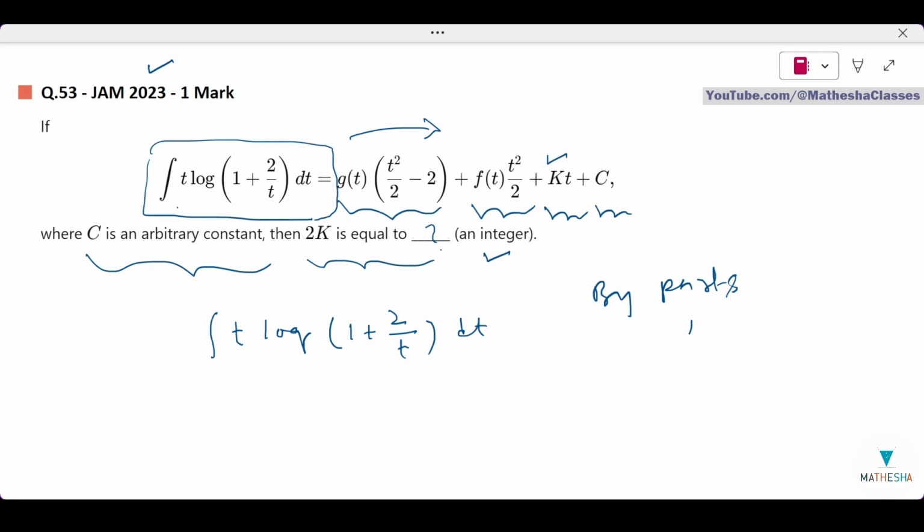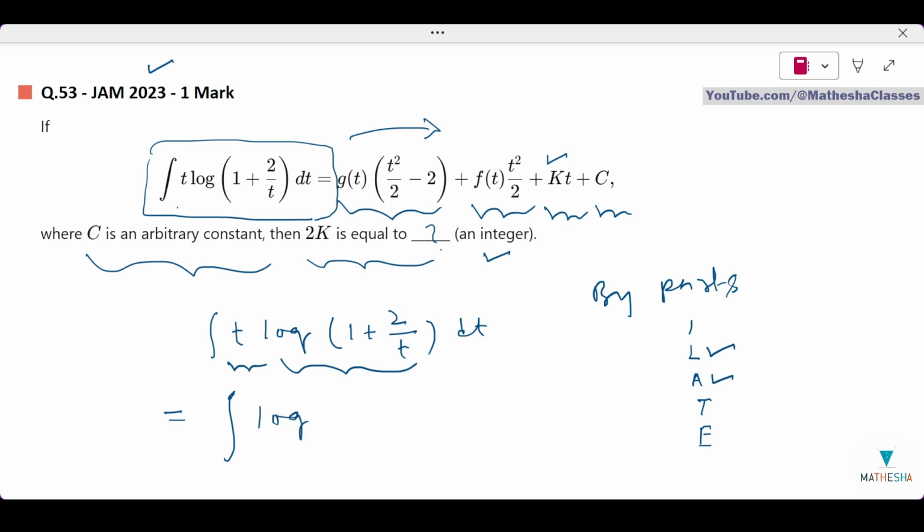Recall the ILATE rule. From the ILATE rule, you can see logarithmic comes first and then comes algebraic term. So we'll interchange those two terms to get the logarithmic one at the beginning.